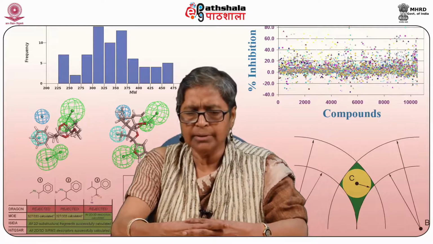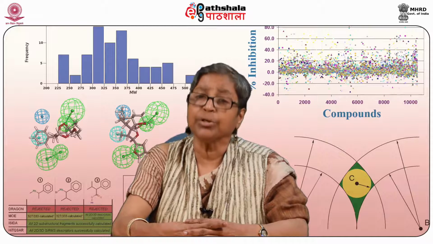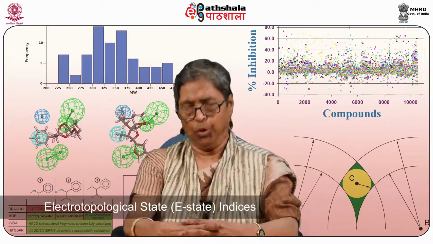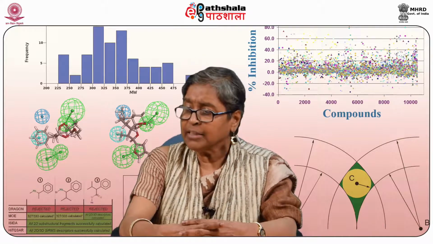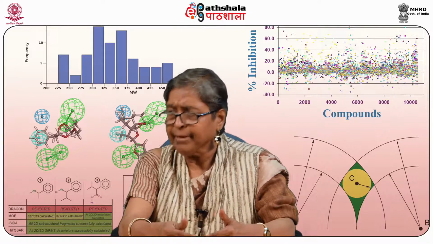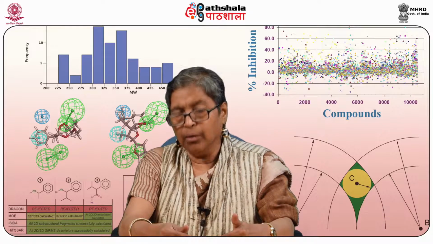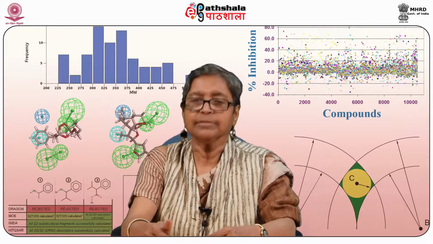Another important index which has been utilized in chemical notations and chemical data analysis is the electrotopological index, called E-state. That is related very much to polarity and hydrogen bonding capability. We will be showing you some examples in the next few slides.